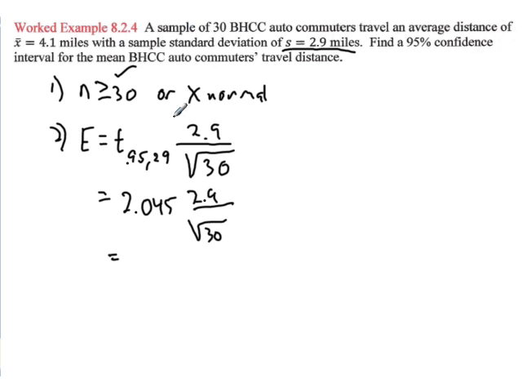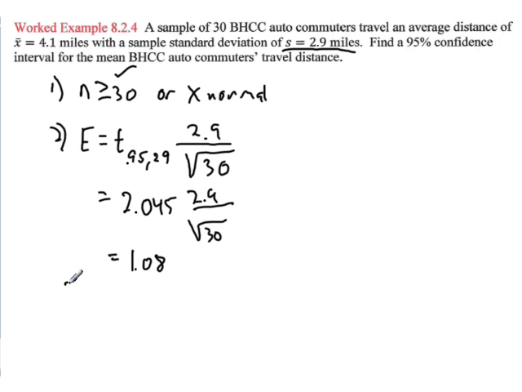So let's round this to the nearest hundredth on our calculator. 2.045 multiplied by 2.9 divide square root 30, and I come up with an answer rounded to the nearest hundredth of 1.08.